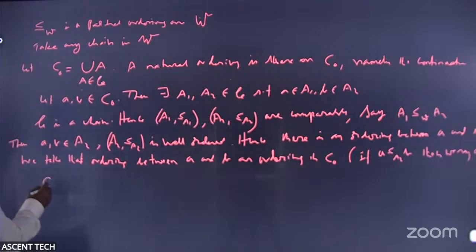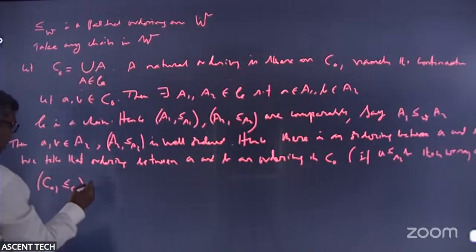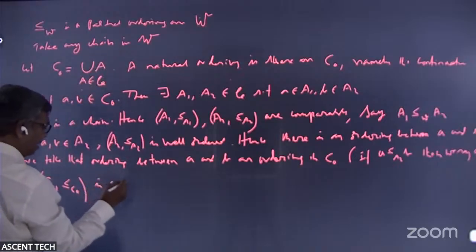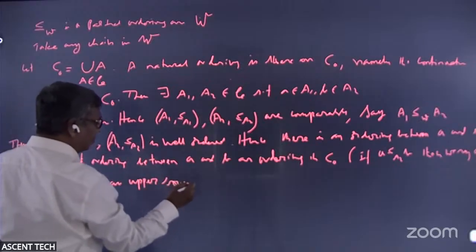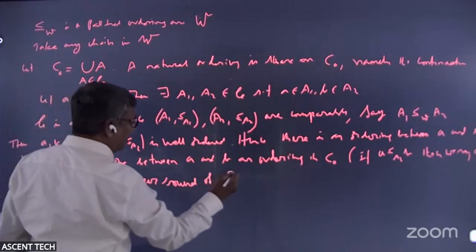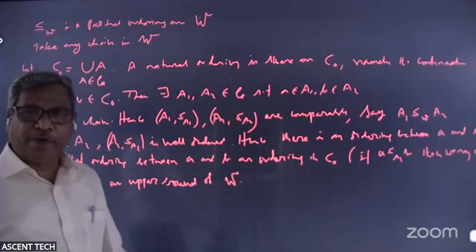Now C naught with that ordering I have just introduced is a well-ordered set, and it is an upper bound of W. Fantastic. So you proved that every chain in W has an upper bound.